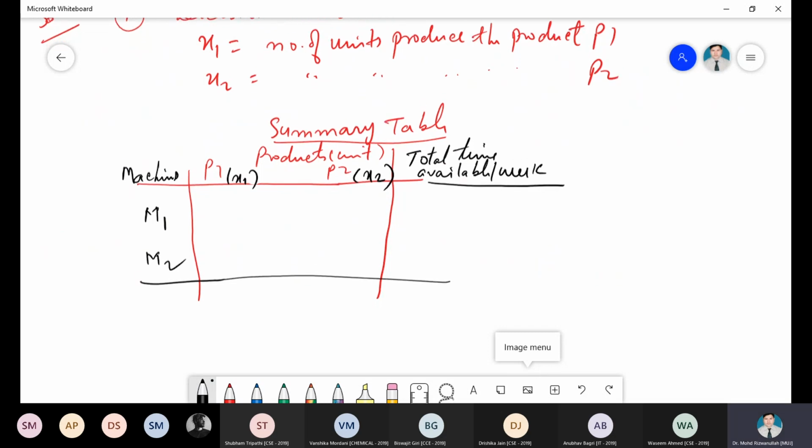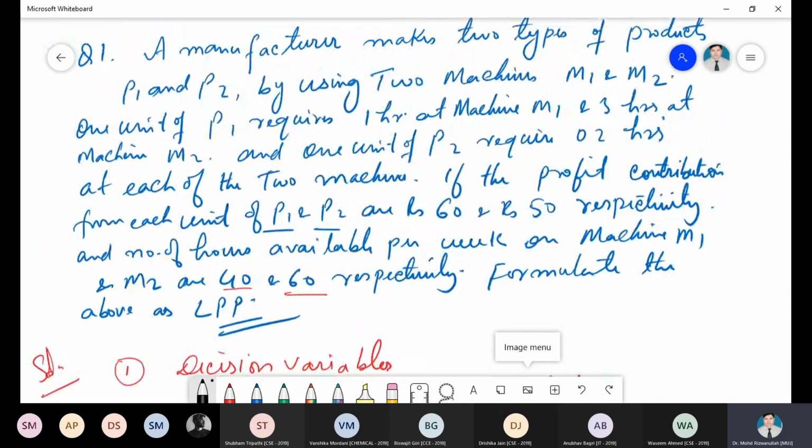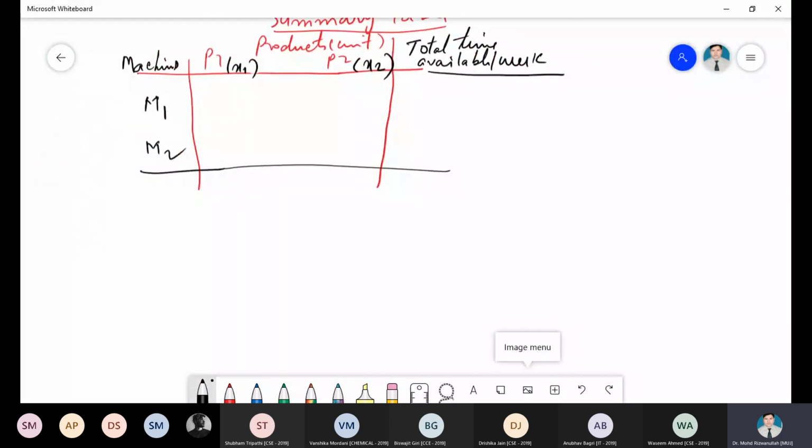Now see, when you go to the question, it is saying that the number of hours per week on machine M1 and M2 are 40 and 60 hours. So this is per week's time given, and also we have profit per unit, right? Per unit in rupees it is given.